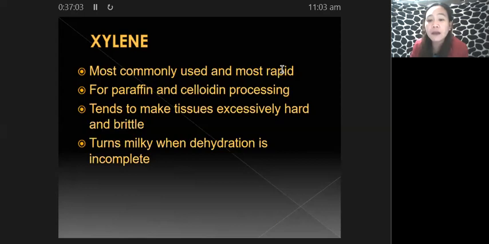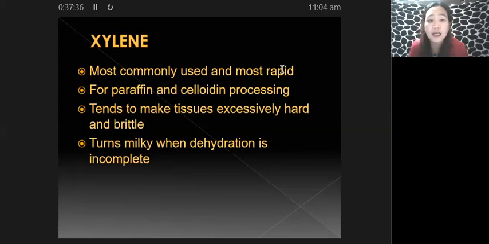And since your xylene also tends to make your tissues excessively hard and brittle, if you use absolute alcohol, there is a possibility that your tissue sample will become excessively hard. Because alcohol makes your tissues hard, and xylene makes your tissues hard also.